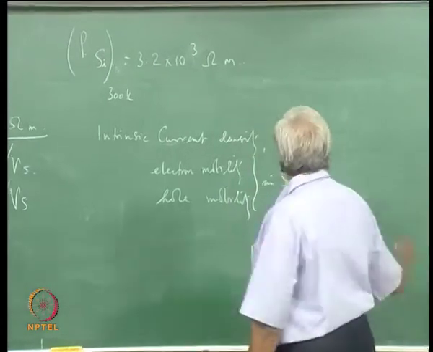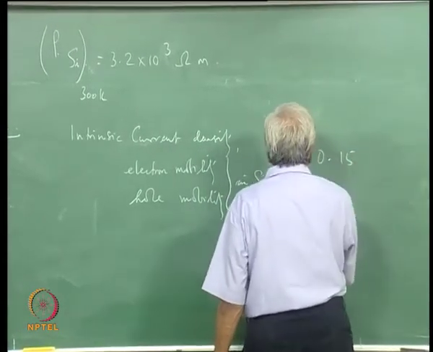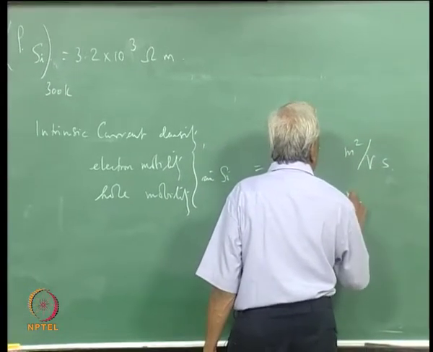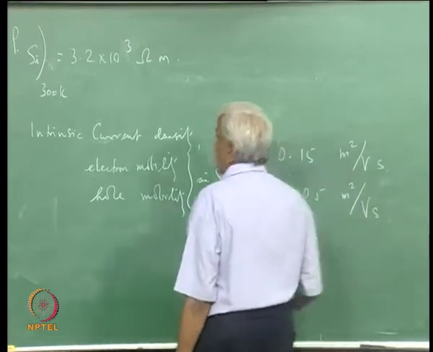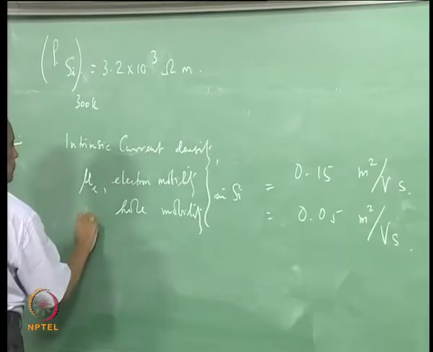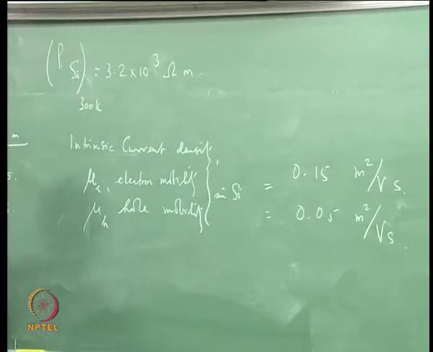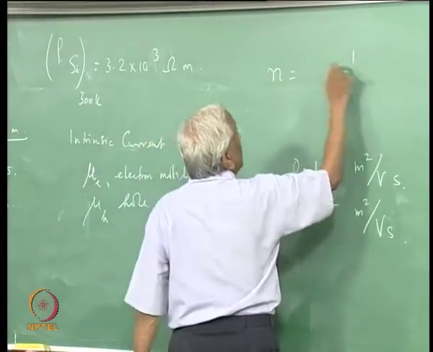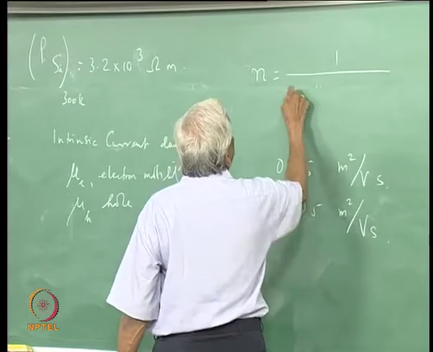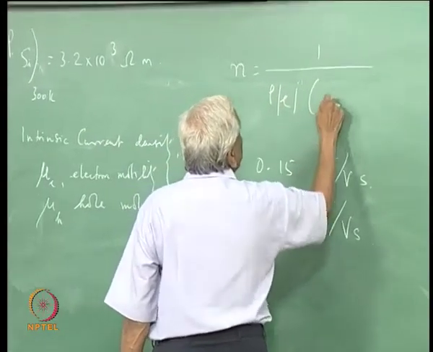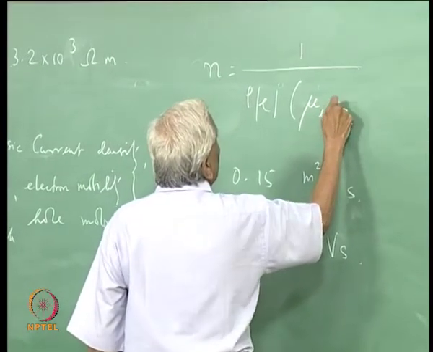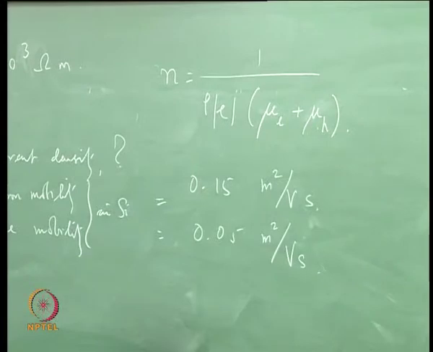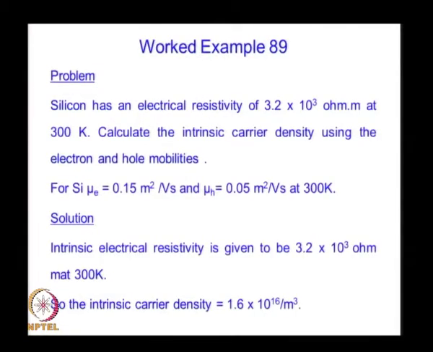So, this is given as 0.15 and 0.05 meter square per volt second. So, this is mu E, this is mu H. So, we have to calculate the intrinsic carrier density, which is straight away given by the formula. Substituting all these values, we get 1.6 into 10 to the power 16.